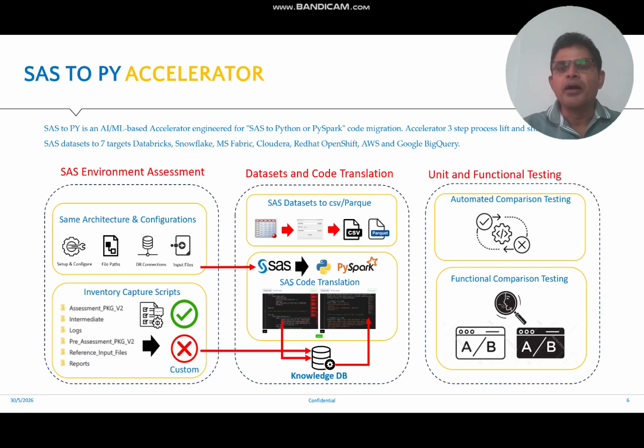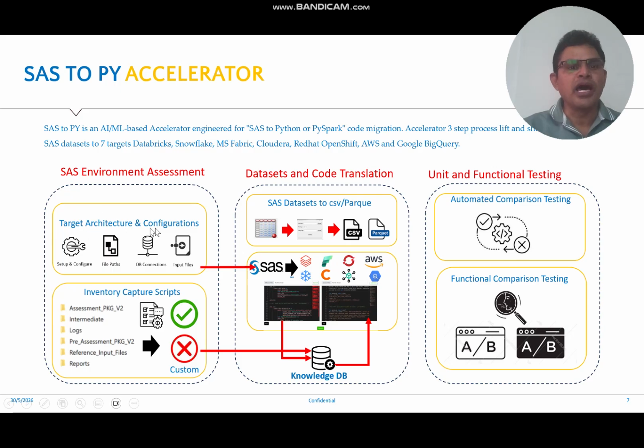Let's say you are not going to an open source Python or PySpark environment. You want to move to modern platforms like Databricks, Snowflake, OpenShift, or AWS, or Google BigQuery, etc. Then all you need to do is give us the target architecture and configurations.